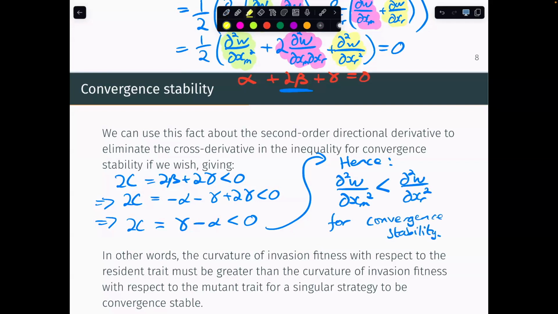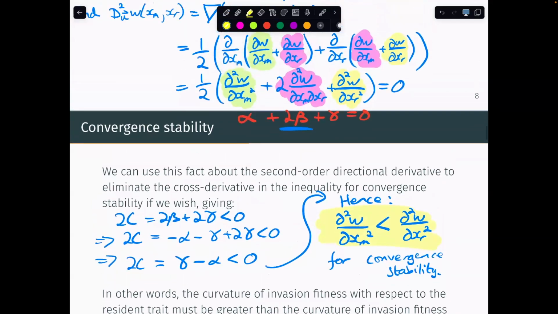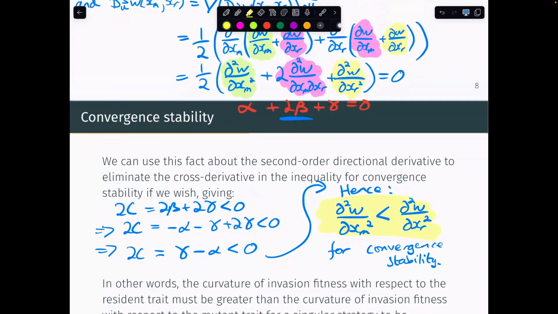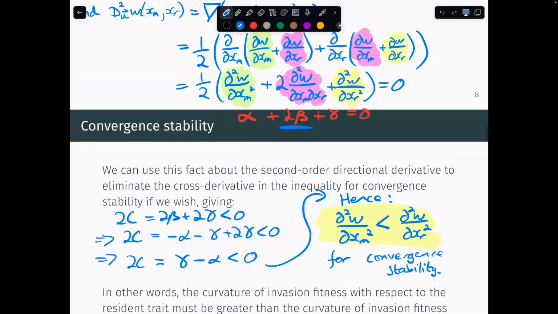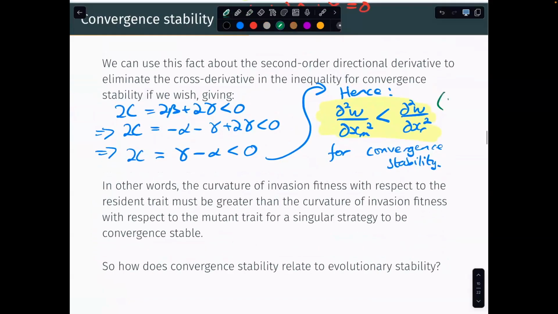So depending on the scenario, you might find that it's easier to calculate this. Okay, these are evaluated at our singular strategy. I'm just going to put here, so that's clear, at x star.